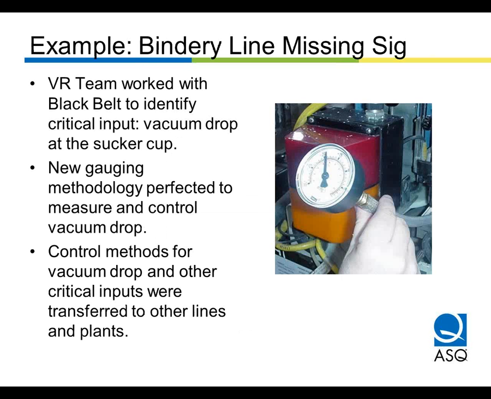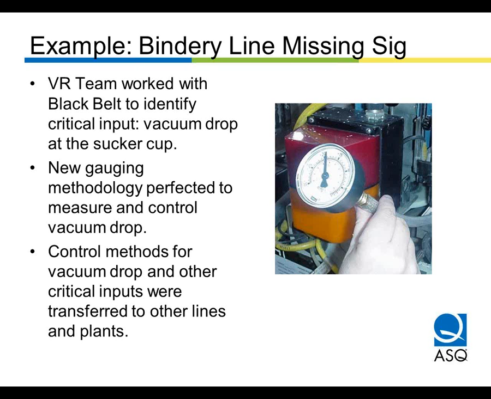They also worked with their black belt to identify critical inputs for the missing signatures, and an item that was identified as potentially having a significant impact was the vacuum drop at the sucker cup that picked up the signatures and put them in the stack for binding. There was presently no way to measure that on the binding line. So the black belt and the team working with maintenance and engineering developed some new gauges to measure and control the drop.